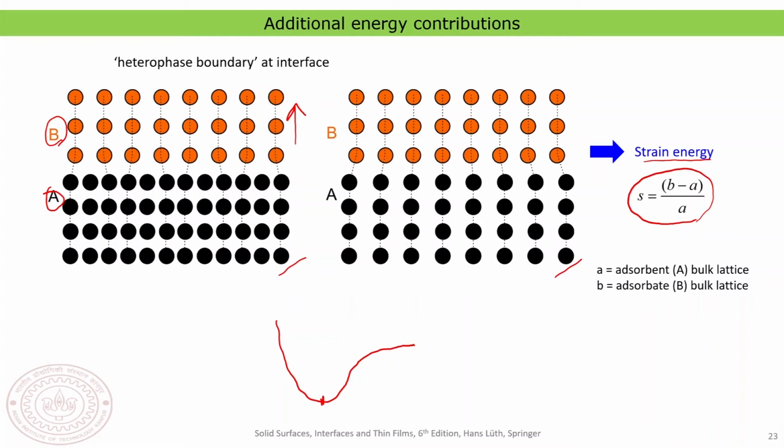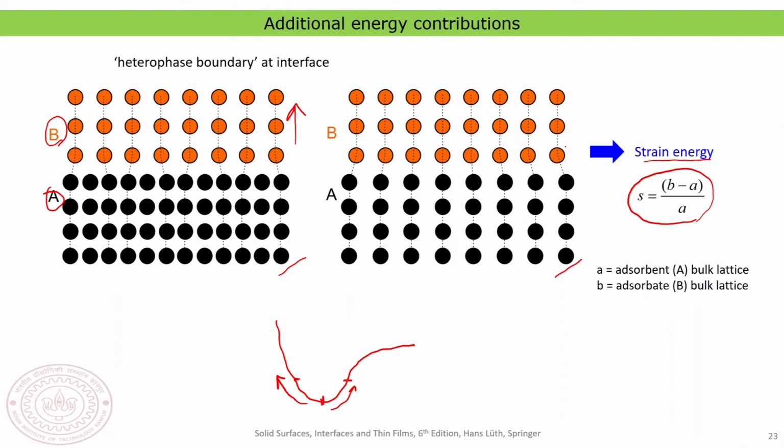But depending on the strain and the rearrangement of the atoms at the interface, the adsorbate atoms can either be stretched apart or compressed together. So these are the two possibilities, and the distances will be either in a compressed or an expanded situation. But this strain energy is mainly at the interface.